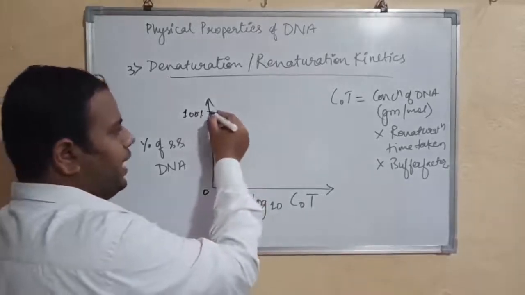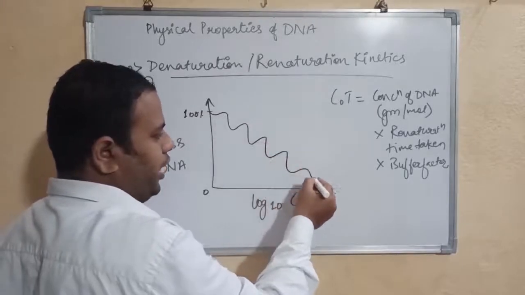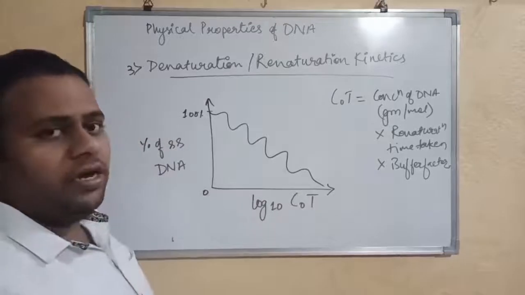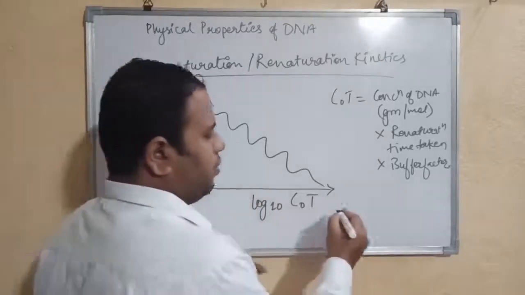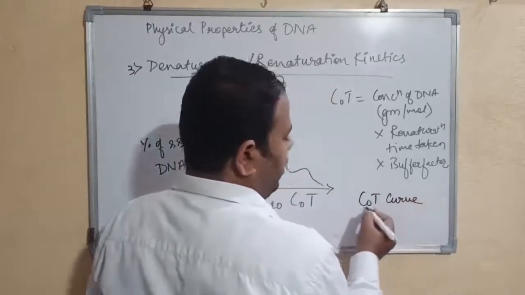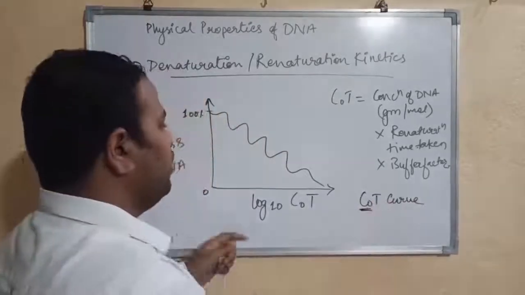As time slowly passes, the DNA solution starts to renature and it will come down like this. Whatever curve forms here shows the renaturation kinetics of the DNA, and this curve is also called the COT curve. But actually here it is the initial concentration multiplied by time of renaturation.